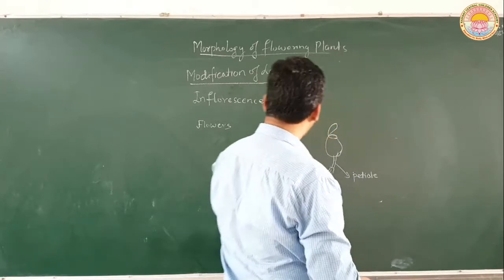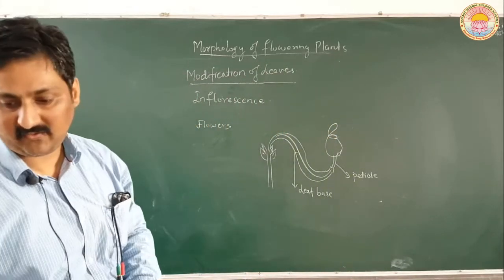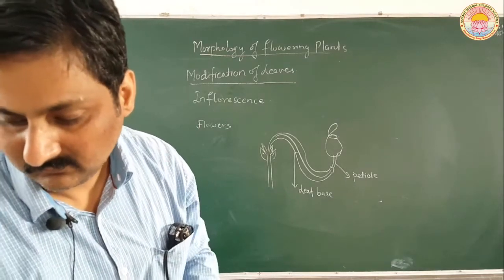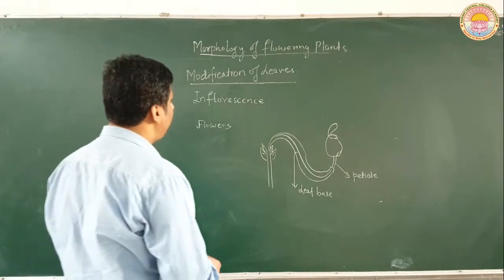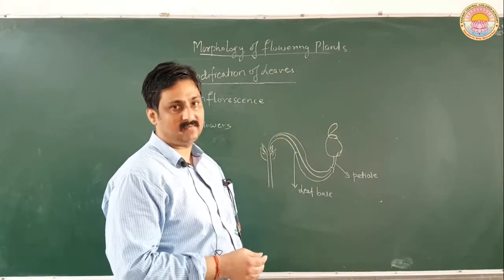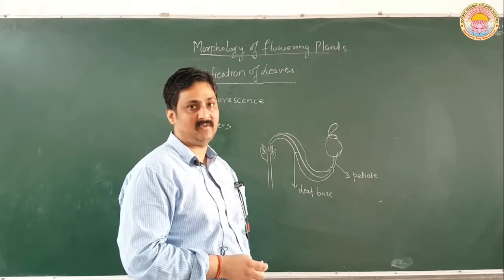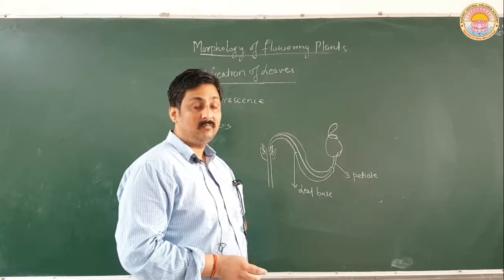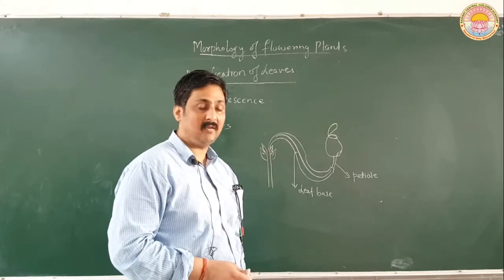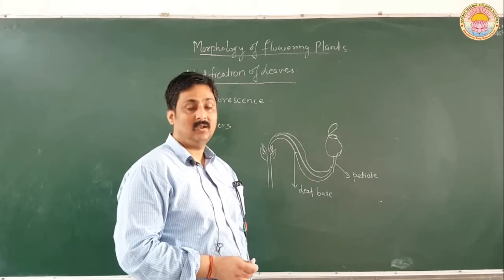Now let us talk about certain other things. A flower is actually a modified shoot. It is present in a floral axis. It is arranged in a floral axis. This arrangement is called inflorescence. When I say that flower is a modified shoot, that means flower has its origin in the stem.